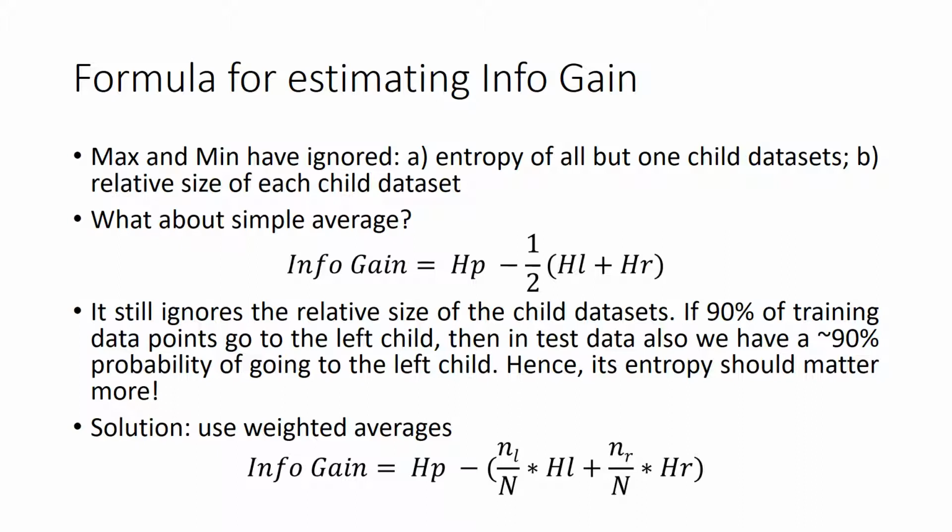So this is what my formula is. The metric that I would use to evaluate my decision tree is this. I will basically compute the entropy of the parent. I compute the entropy of the left and right child. I will factor in what is the relative size of each child data set.